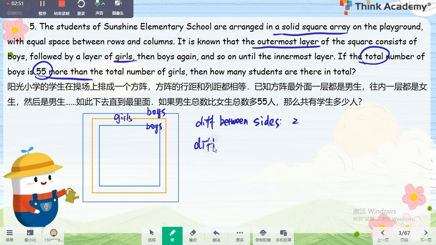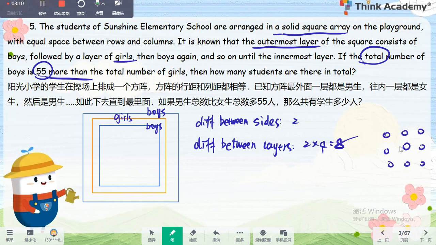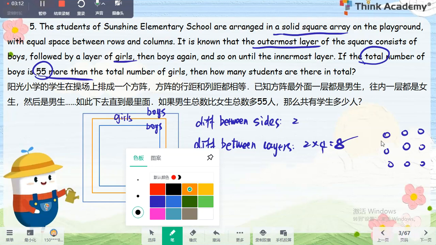Because one layer has 4 sides, the difference between two adjacent layers is always 8, except for the two innermost layers of an odd square array. Because for the innermost side, there is only one thing.